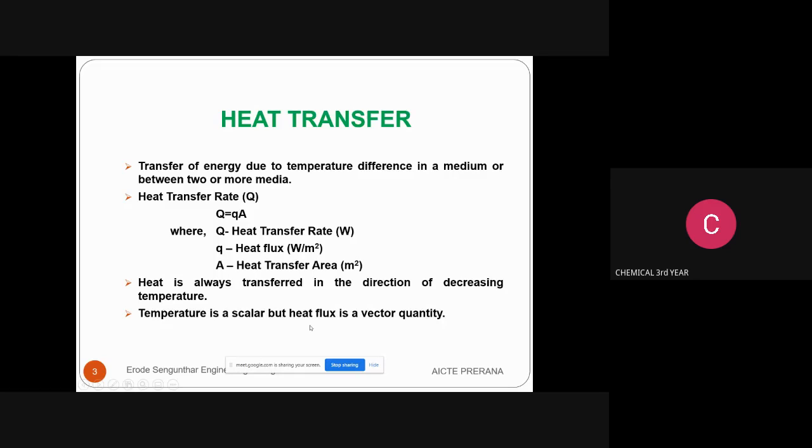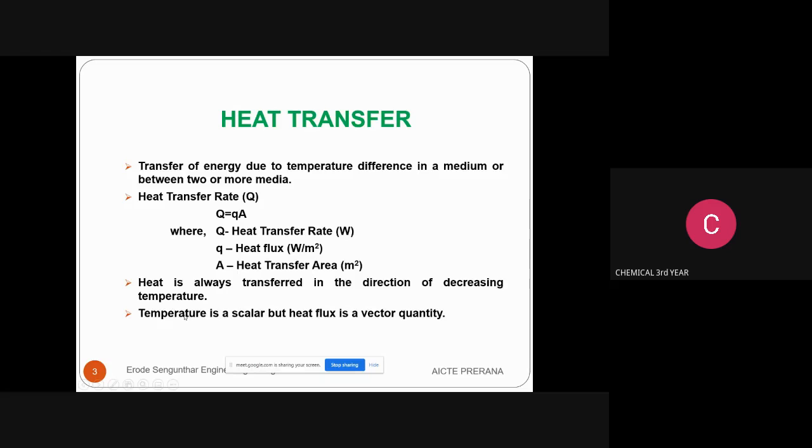Where it is differing: due to the temperature difference, how much the variation will occur, that is nothing but your heat. So the temperature is a plain scalar parameter. Okay, so we'll get 25 degrees Celsius, 35 degrees Celsius, 305 Kelvin, 100 Kelvin, like that, we'll get a proper value for the temperature.